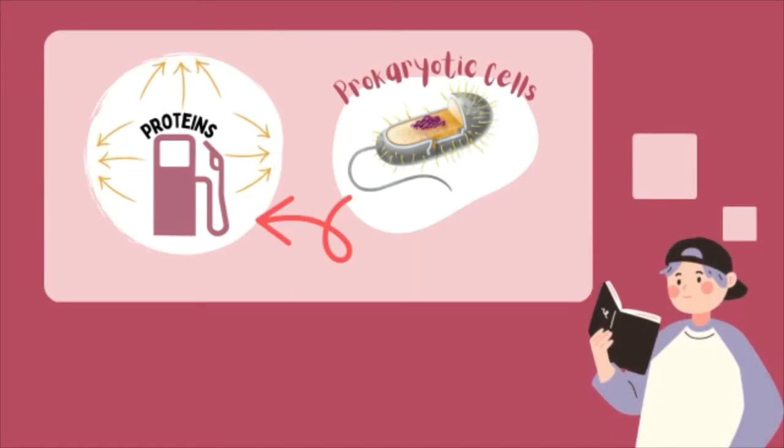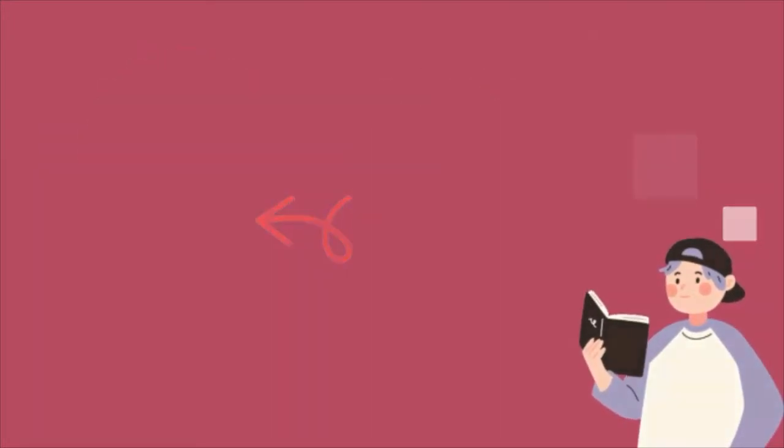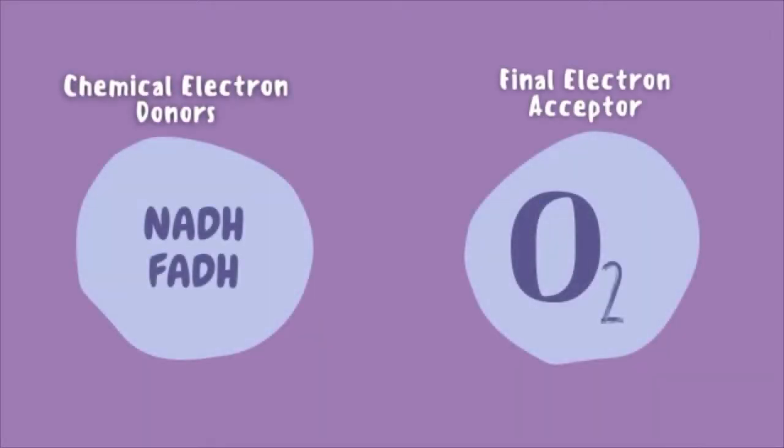For prokaryotic cells, protons are pumped across the cell membrane surrounding the cell. For eukaryotic cells with mitochondria, the protons are pumped across the inner mitochondrial membrane from the matrix into the intermembrane space. Chemical electron donors include NADH and FADH2, while the final electron acceptor is oxygen.